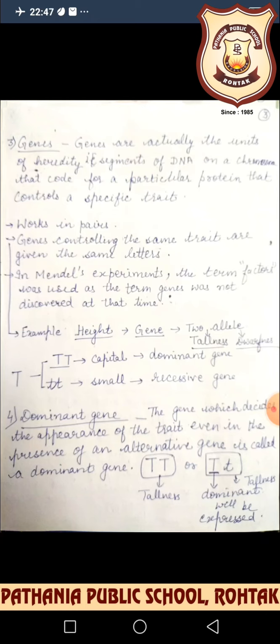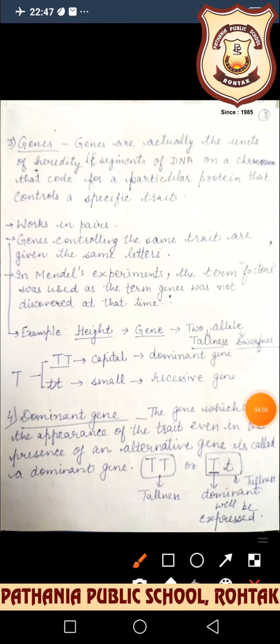For example, if we talk about height, height is a character which is coded by 2 alleles, that is tallness and dwarfness. Tallness and dwarfness are the forms of the same gene that decides the height of an organism.